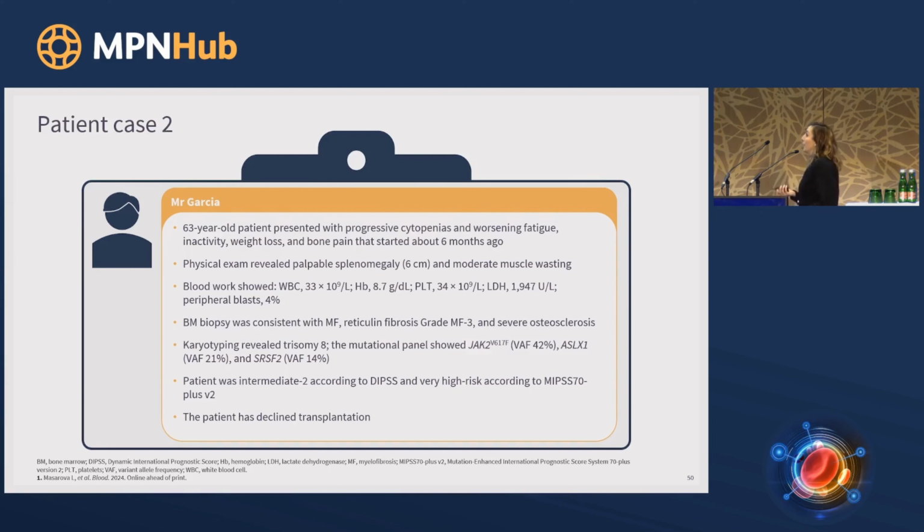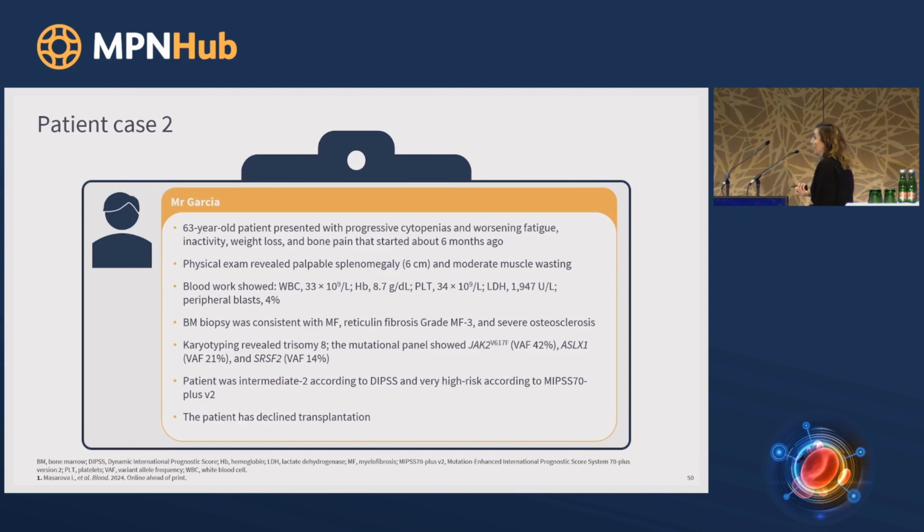So this is the second clinical case, which involves a 63-year-old man with intermediate-2 risk according to DIPSS or high risk according to MIPSS70 plus primary myelofibrosis, mutated in JAK2, ASXL1 and SRSF2. He reported symptoms related to anemia such as fatigue and inactivity, but also a worsening of weight loss and bone pain in the last 6 months.